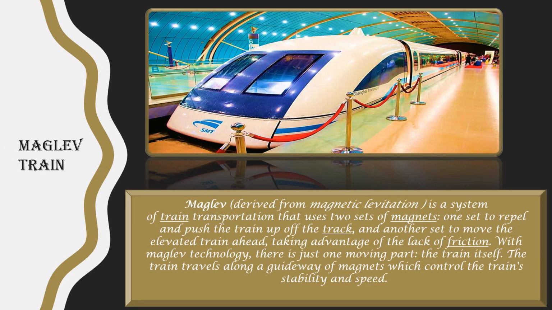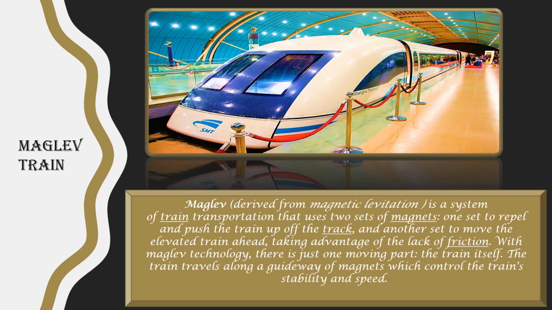Now students, let's have some information about the maglev train. The word maglev is derived from magnetic levitation, and maglev is a system of train transportation that uses two sets of magnets.